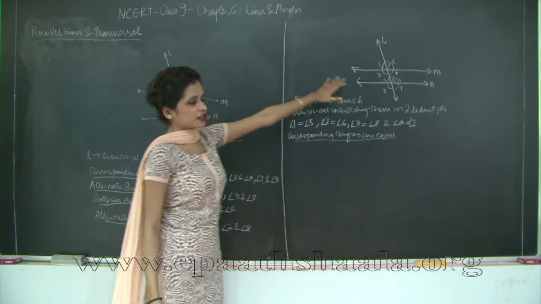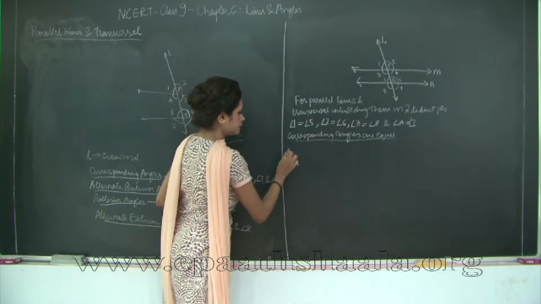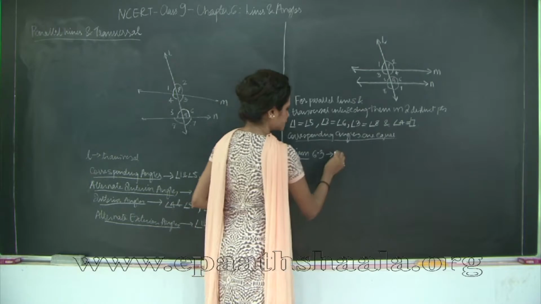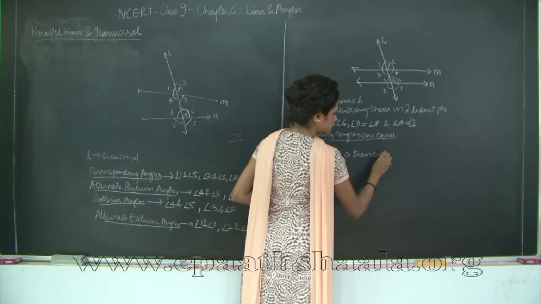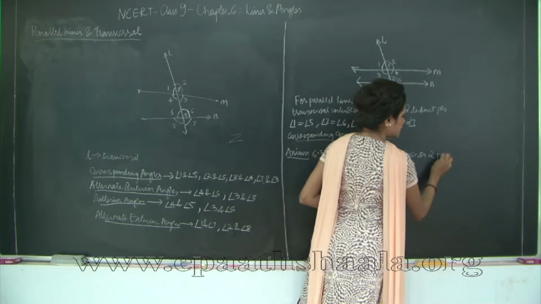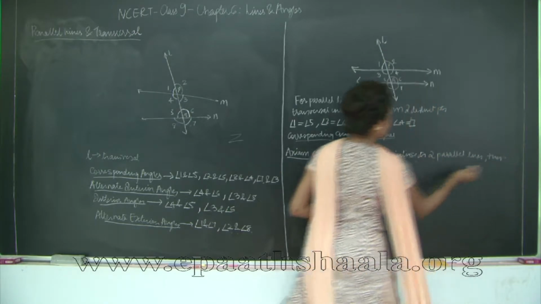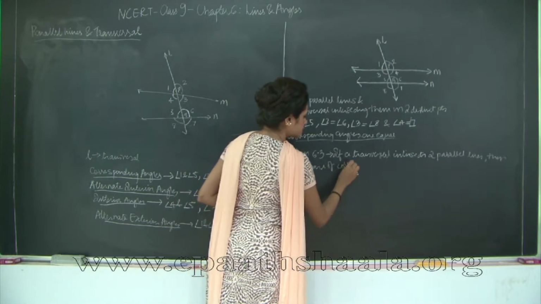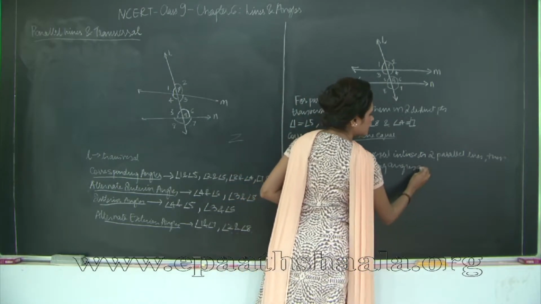And because of this measurement, just by measuring, we found that the corresponding angles are equal, which is why you have an axiom in your textbooks, axiom 6.3, that states if a transversal intersects two parallel lines, then the pair of corresponding angles are equal.